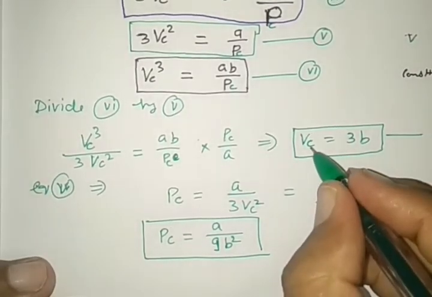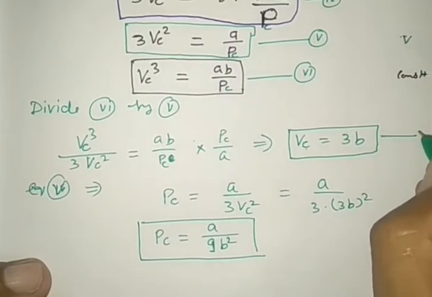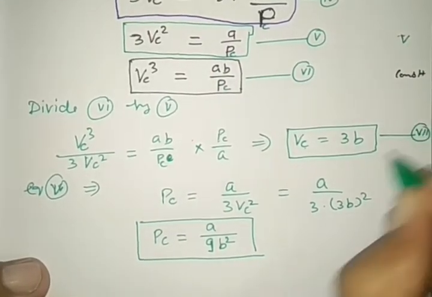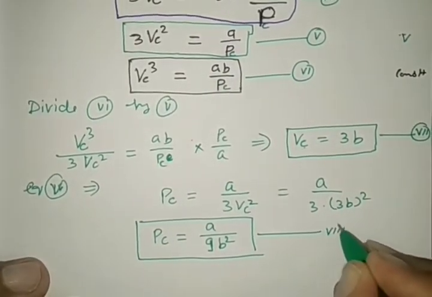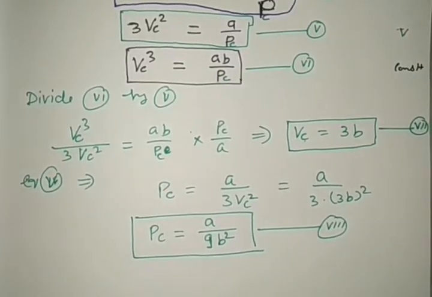So the values of Vc and Pc are obtained by equations number 7 and 8. Now we are going to calculate Tc.